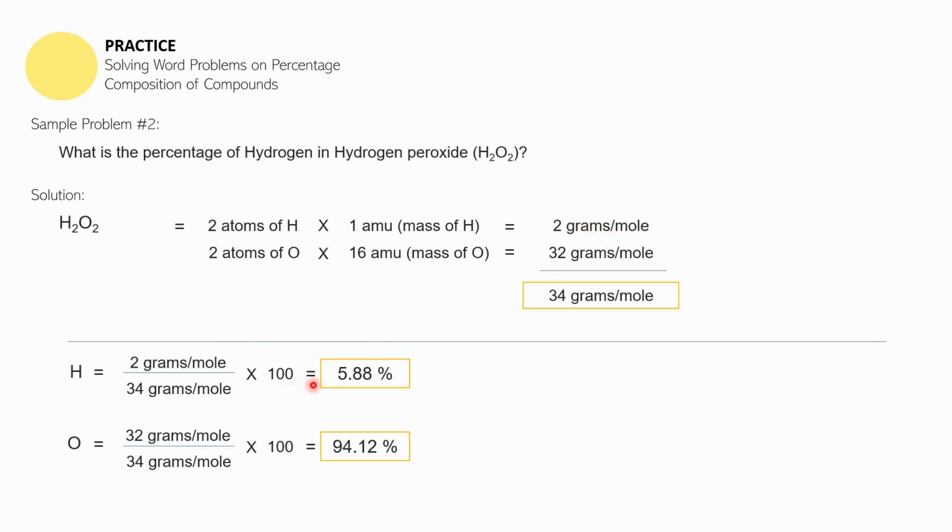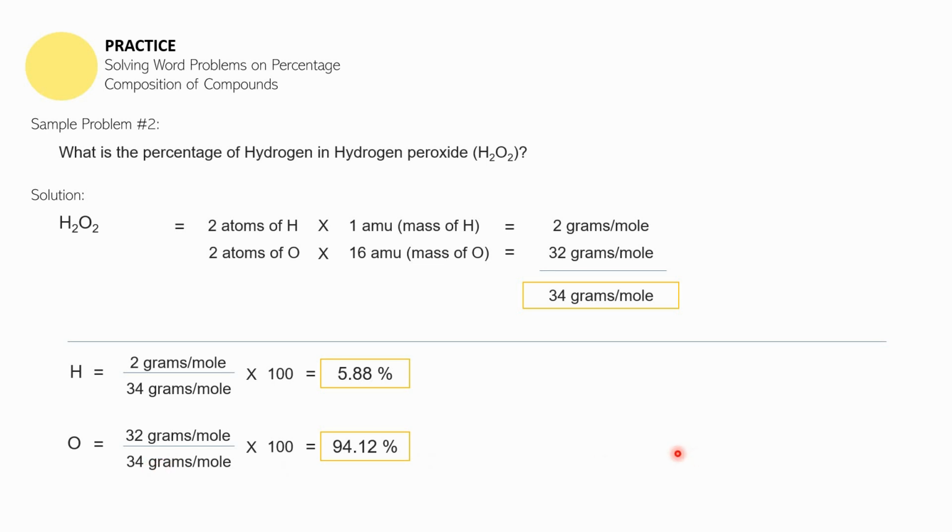And then the quotient was multiplied by 100. And the product represents the percentage of hydrogen in the compound. So as you can see, 5.88% is the percentage of hydrogen in the compound. It's a very low value for a percentage, if you're going to ask me, compared to 94.12% ng oxygen.